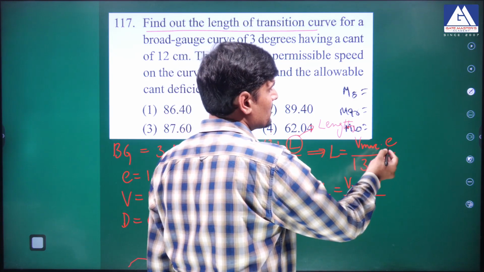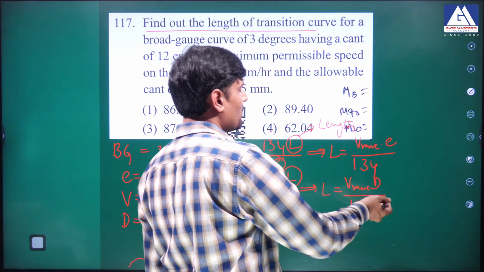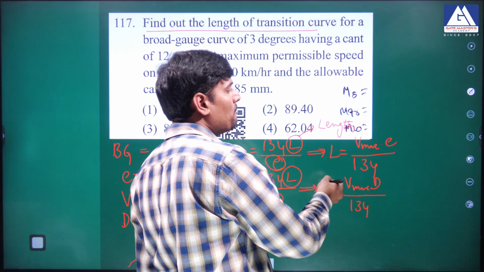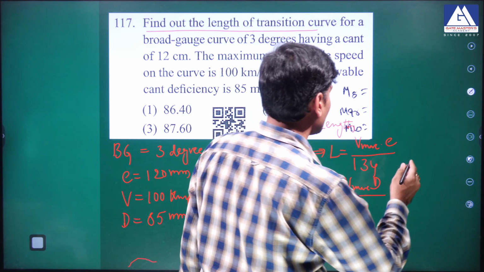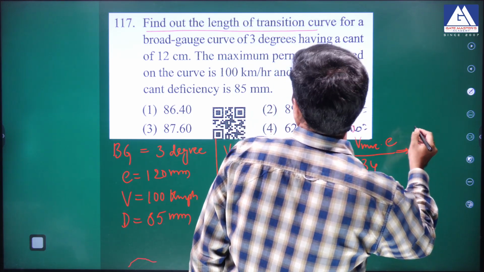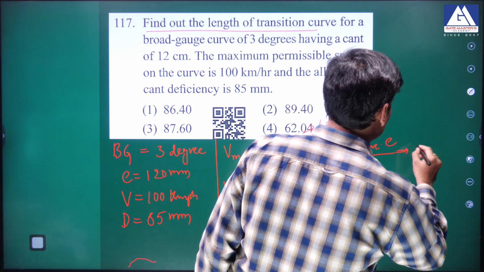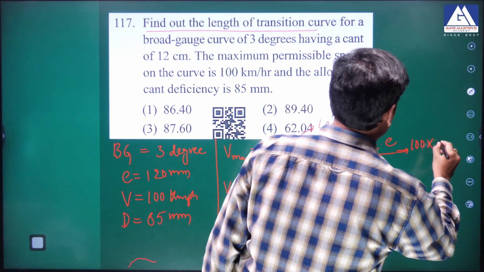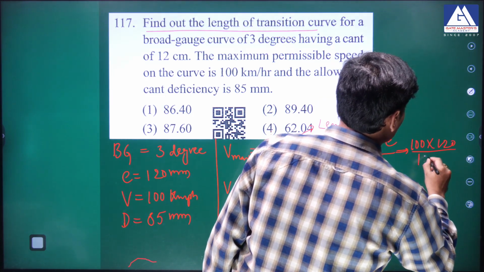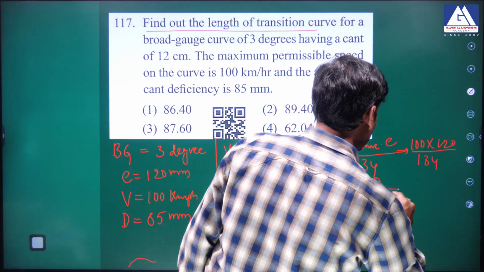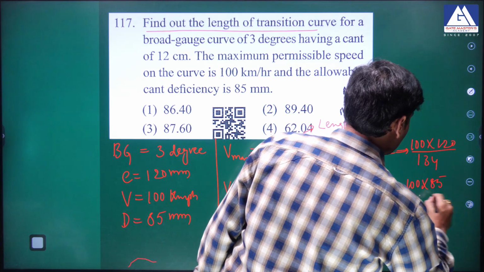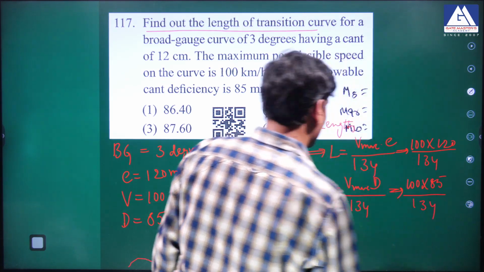Although you substitute this cant and cant deficiency in terms of mm, the value that you get is in meters only. So substituting the given values, speed is 100 kmph, so 100 into 120 divided by 134, and here 100 into 85 divided by 134.